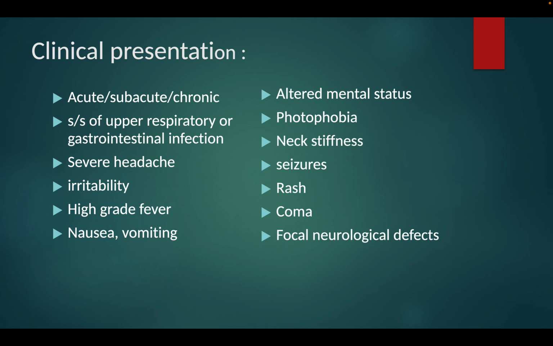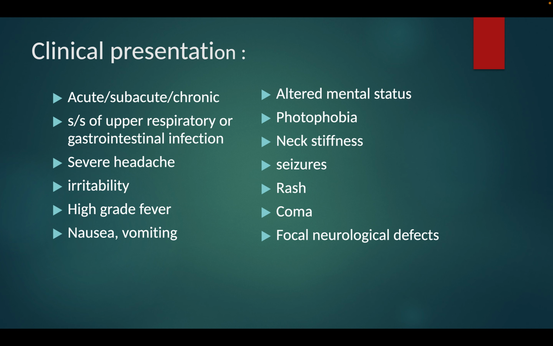What are the clinical presentations which we look at? They can present as acute or subacute or sometimes even chronic, and there are signs and symptoms suggestive of upper respiratory or gastrointestinal tract infections.